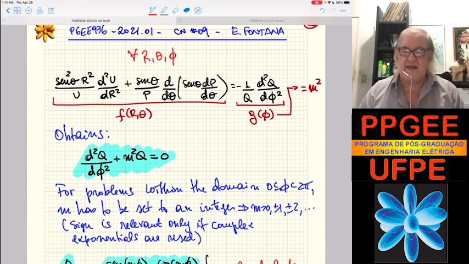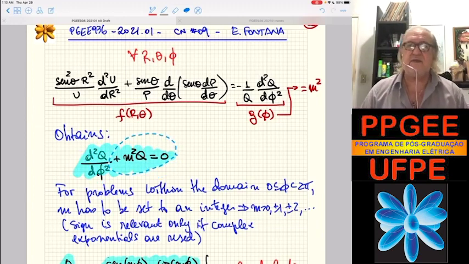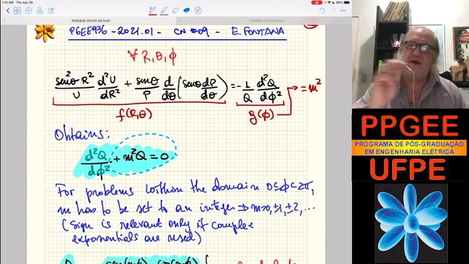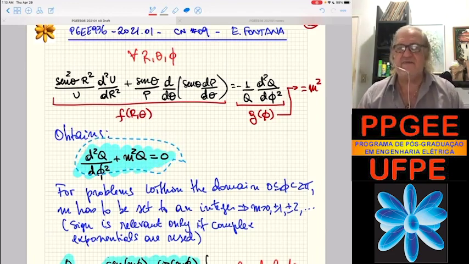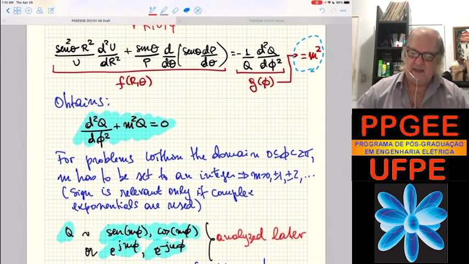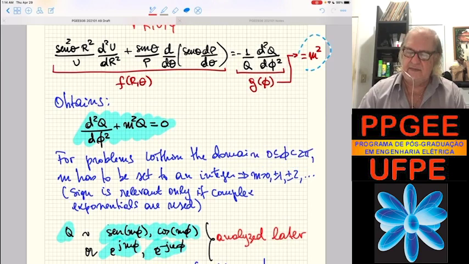But we could have combinations for some specific boundary value problems in which you didn't use that, right? It's not impossible. So we would have different results for the other functions. But most cases in which you have the whole domain in phi, you have that type of choice. So with the choice of the separation constant, and as I mentioned here, if you have the whole domain, this parameter m has to be an integer.